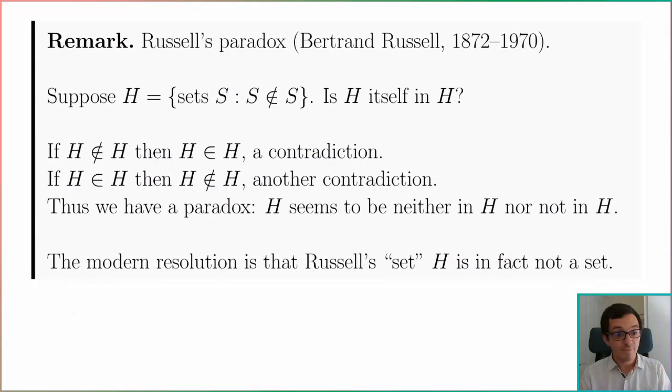Right. Finally, I want to show you Russell's paradox as an example of what goes wrong if you're too generous with your definition of sets, if you take too many things to be sets. The paradox works like this.